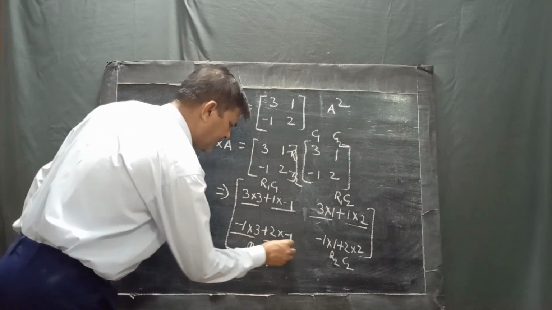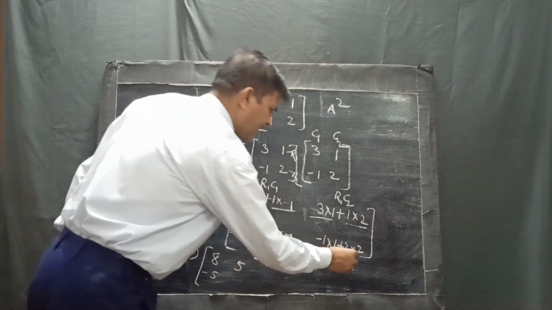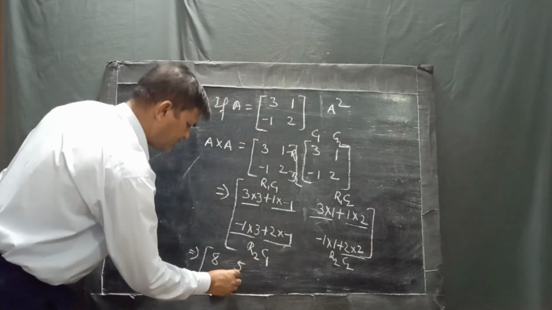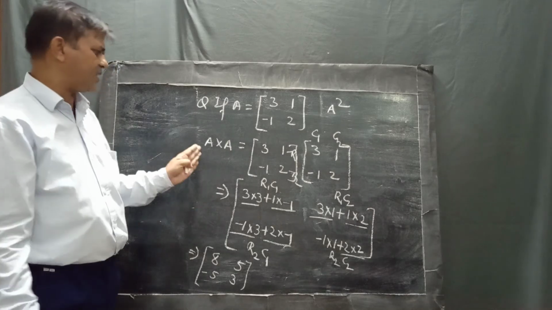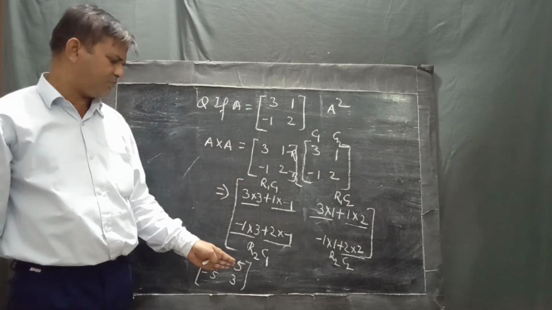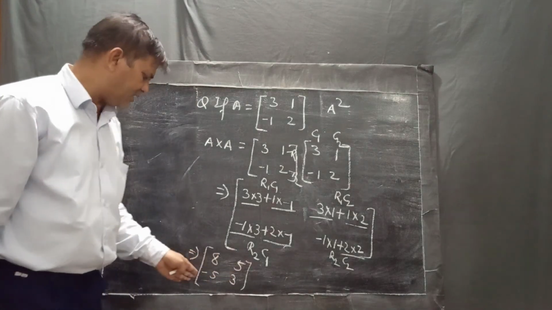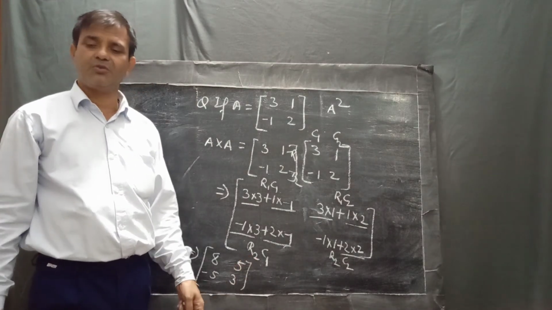Minus 3 minus 2, minus 5. Now 2 2s are 4 minus 1, this is equal to 3. So the value of A square, that is A into A, is equal to 8 5 minus 5 3. The order of this matrix is 2 into 2. Okay.